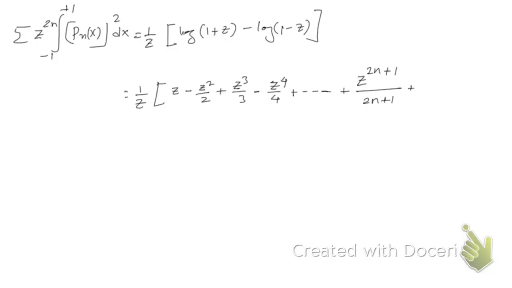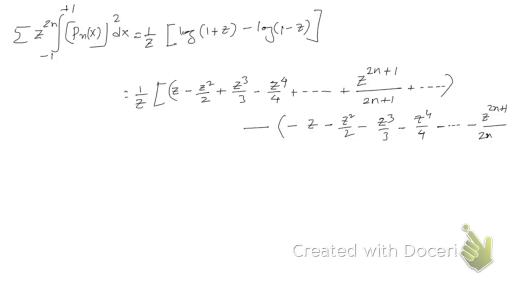Hope you got my point. Now the expansion of log of 1 minus z will be of this form: minus z minus z square by 2 minus z cube by 3, then minus z to the power 4 by 4, then minus dot dot dot minus z to the power 2n plus 1 by 2n plus 1 minus dot dot dot, and so on.